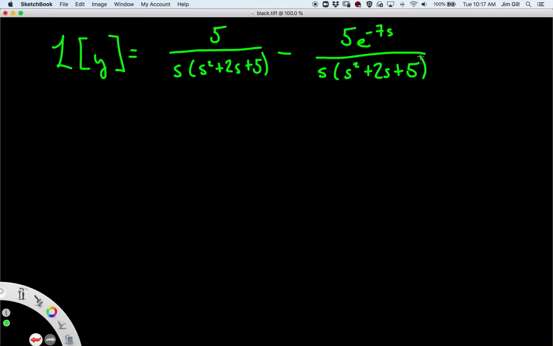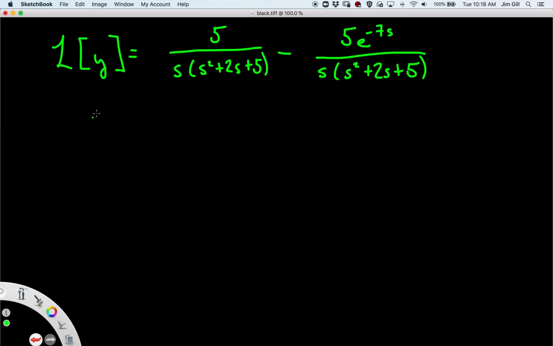Okay. Now it gets a little bit difficult. What we need to do is a partial fraction decomposition. Now, one thing to note before we start here, it looks like we've got 2 to do, but really we only have 1 to do because this e to the minus 7s we can just pull out after we figure out what this one is. So it's only 1 to do.